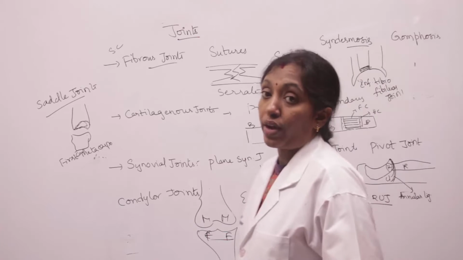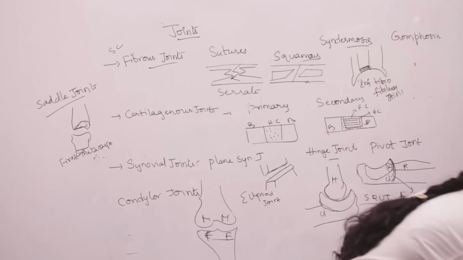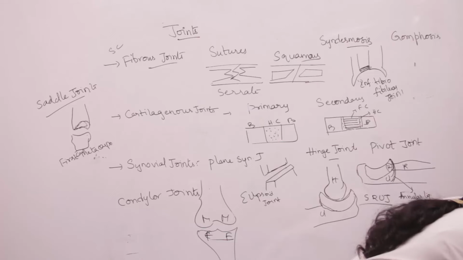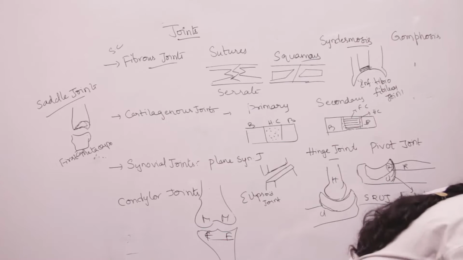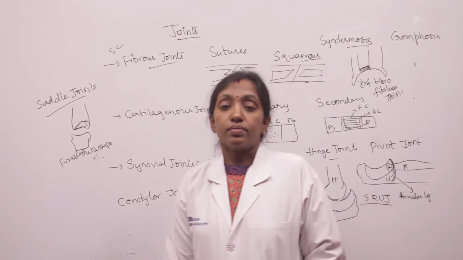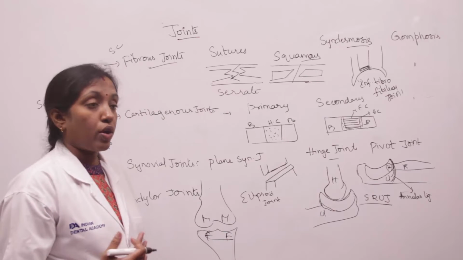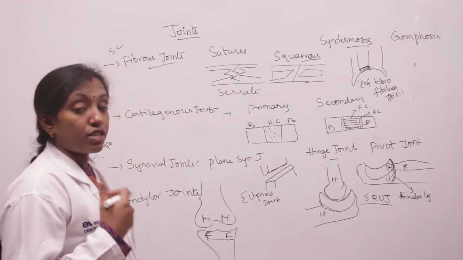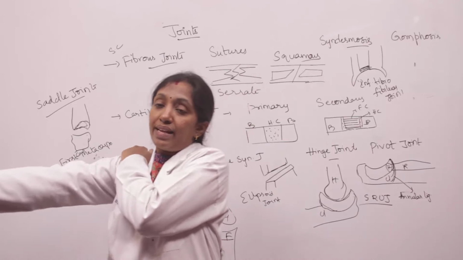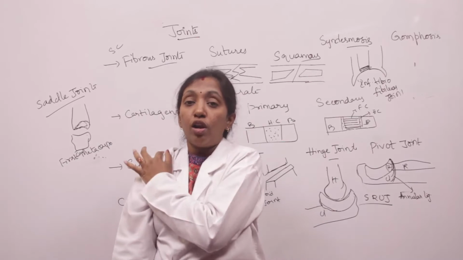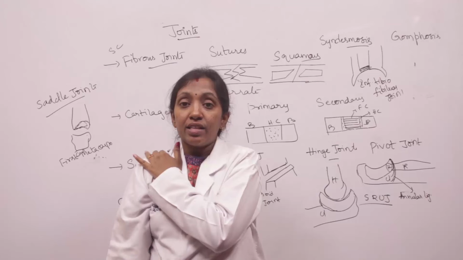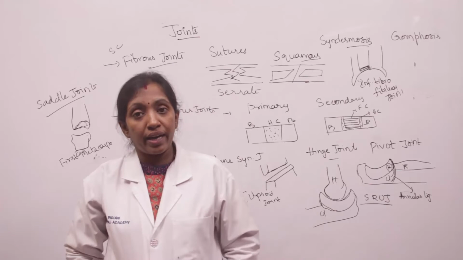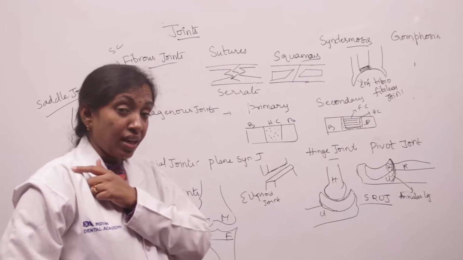And the other type of joints we can see here are the ball and socket type of joints. Shoulder joint is the best example of the ball and socket joint. The ball is formed by the head of the humerus and the socket is formed by the glenoid cavity of the scapula.